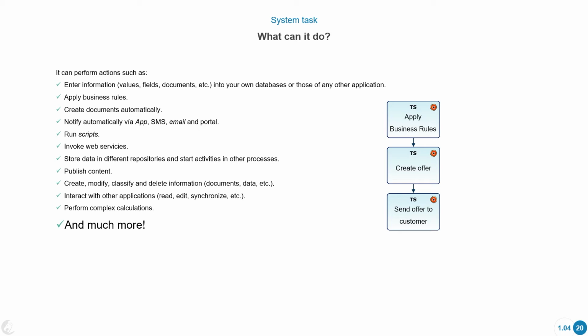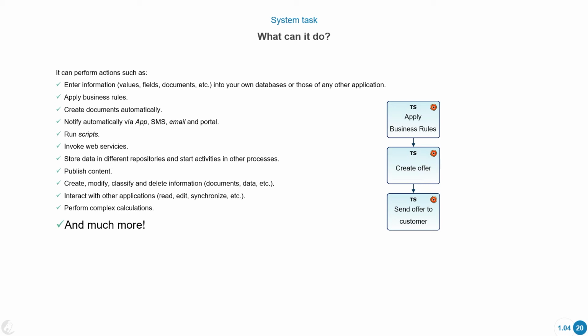We can store data in all kinds of repositories, not only in Autoportal repositories, but external ones. We can publish content, and create, modify, classify, and delete information, and many other actions. So practically anything we can imagine that could be done automatically by a system, we're going to use a system task to perform.